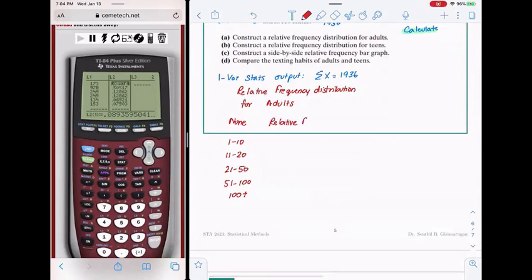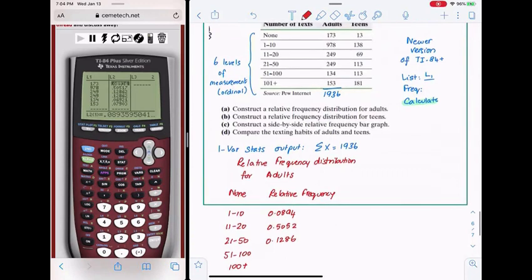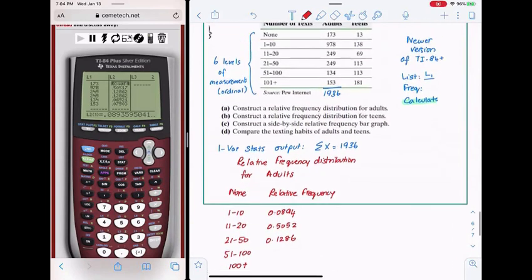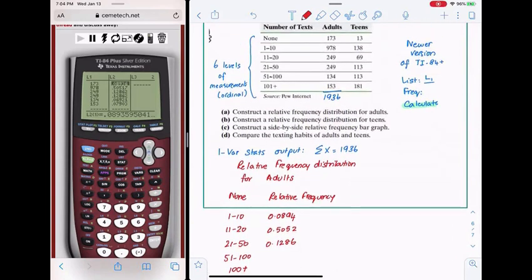The relative frequency, I saved it to list 2, so 0.089. If I round it to 4 decimal places, 36 would simply be 4. Then I would have 0.5052, 0.1286, looks like I'm missing 1 to 10. Sorry. Go up 1.